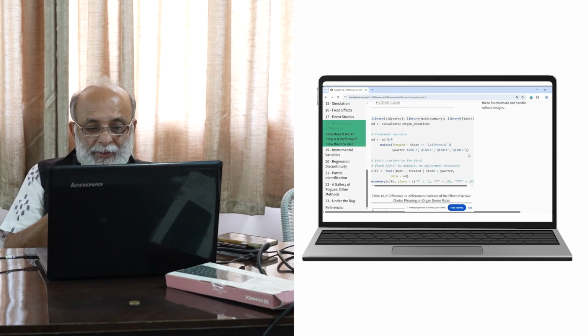M summary is model summary, and stars are the levels of significance.